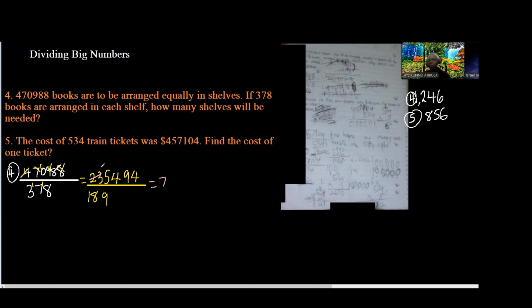So 3 in 23 is 7, that's 21, remainder 2. 3 in 25 is 8, which is 24, remainder 1 again. 3 in 14 is what? 4, that's 12, remainder 2. 3 in 29 is 9, that's 27, remainder 2. 3 in 24 is 8.